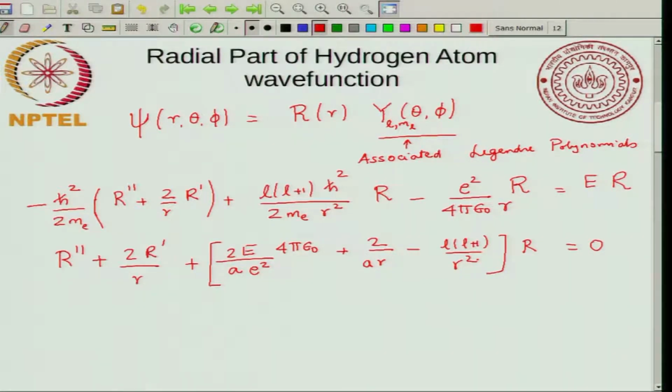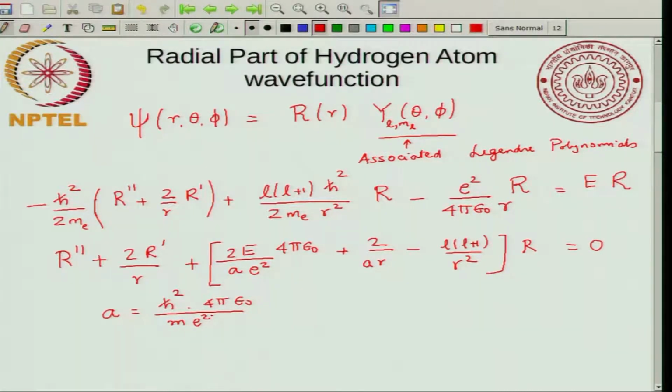So, a is the Bohr radius, and that is related to h bar square times 4 pi epsilon 0 divided by m e square. So, this is the a.